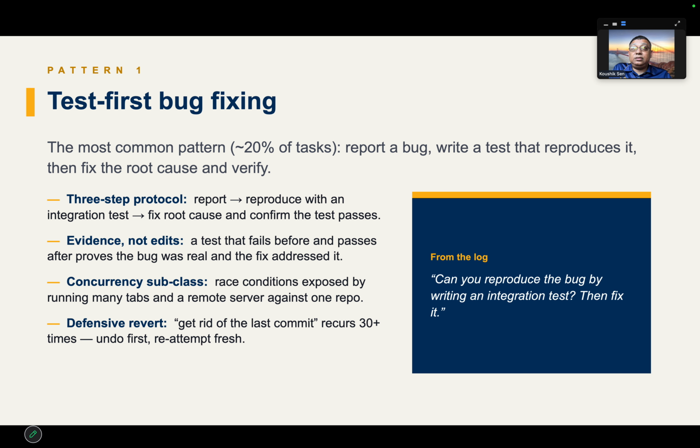Then I also tell it to get it reviewed by another powerful model, say GPT 5.5, and based on that review, I ask it to fix the bugs. This is a repetitive process. So test-first software engineering is very important.